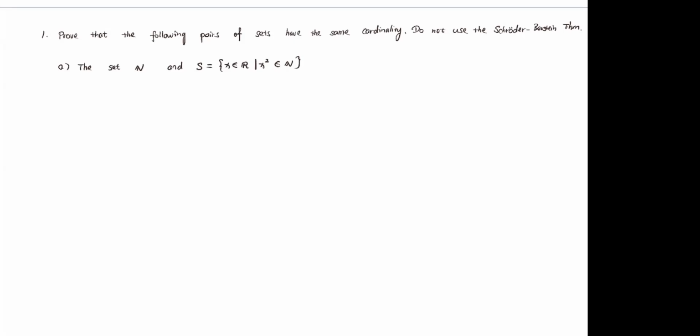Part B: the interval 0, 1 and the interval 0 to infinity. Okay, so I'll give you some time, try to work on those two questions, and we'll take them up.